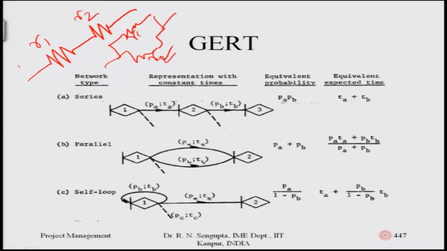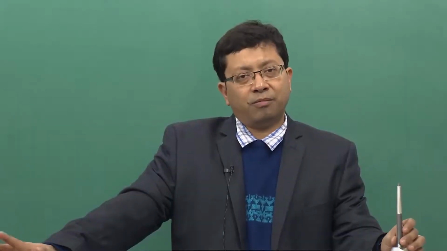This was series in the concept, and this is the parallel concept. In this case, rather than multiplying the probabilities, we will just add them, because the sum of the probabilities will give you the probability of traversing the parallel path, because the information has to flow through both the parallel paths.